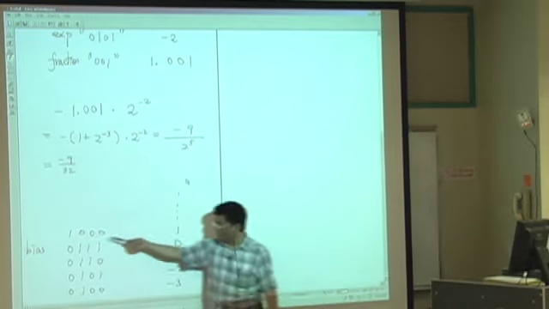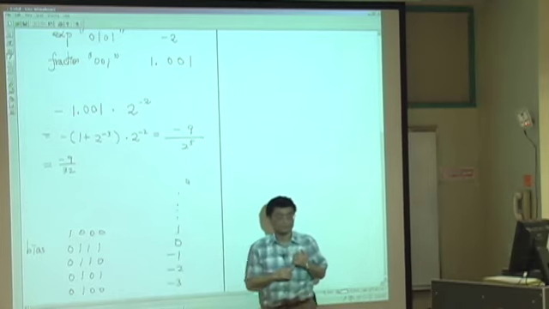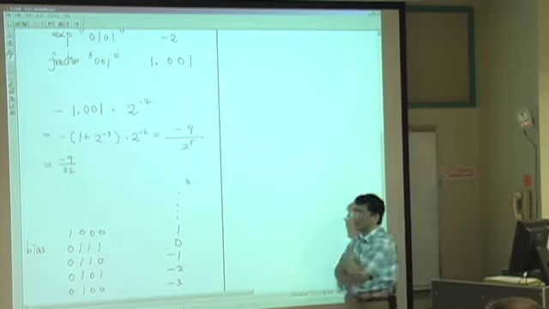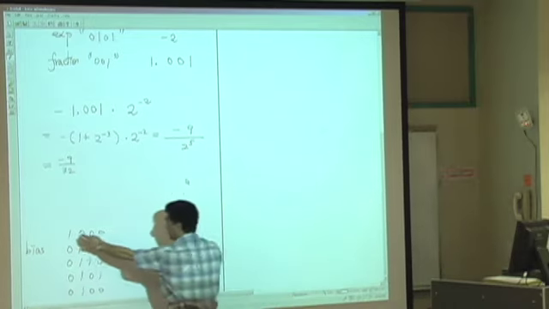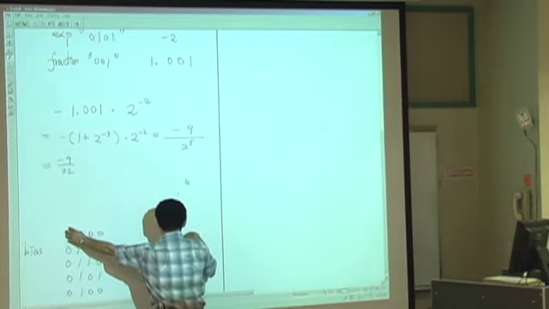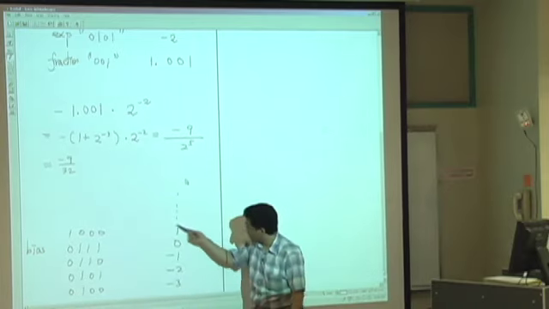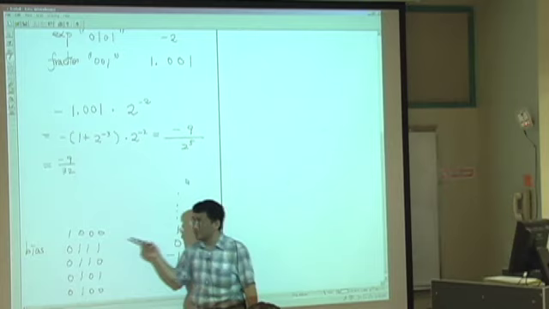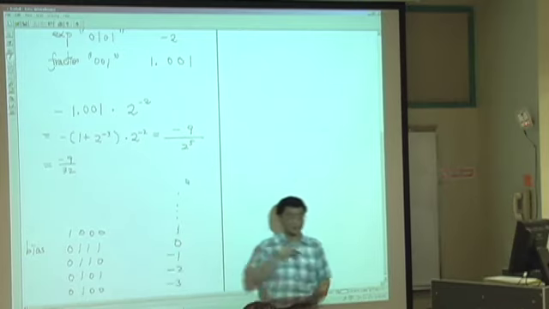In this sense, 1, 0, 0, 0 is 1. If you subtract 1, 0, 0, 0 in bits, it means you are subtracting 1 in the exponent.